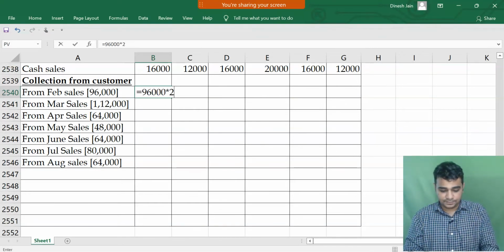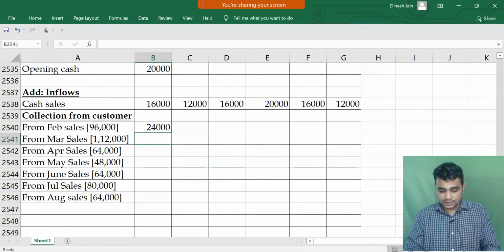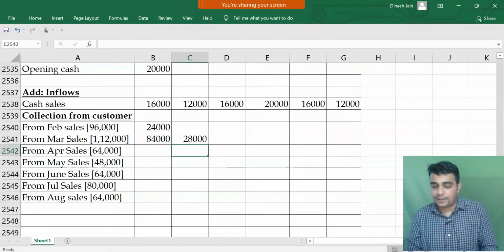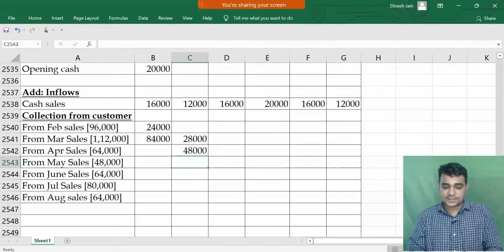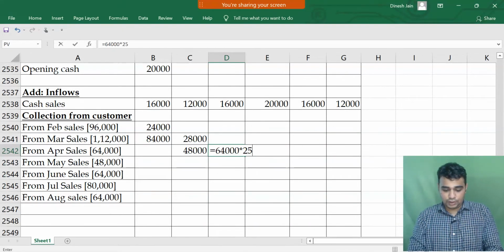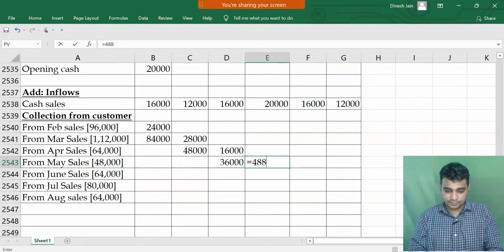25% of this in the month of April. 75% here and 25% here, March month, April and May. This 64,000, 75% here, 25% here. This 48,000, 75%, 25%, 75 and 25.